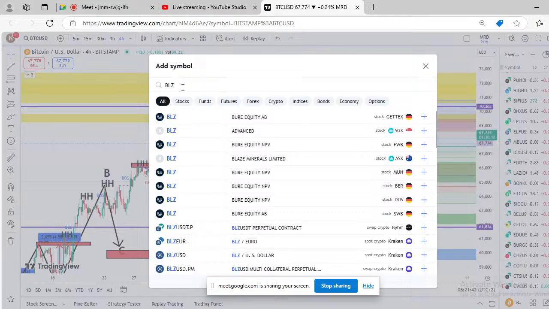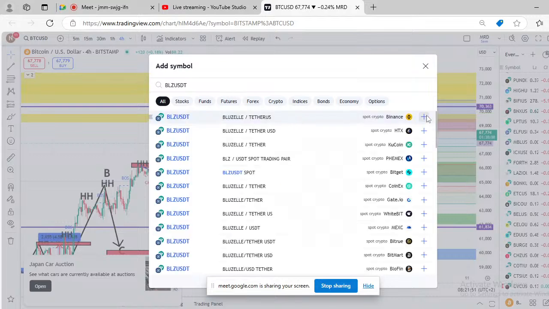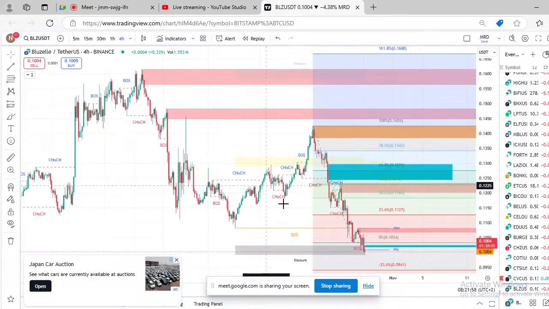Okay, so I add USDT such as that. Okay, I need this one on Binance. I click plus. Okay, it is already here, so let me open it.